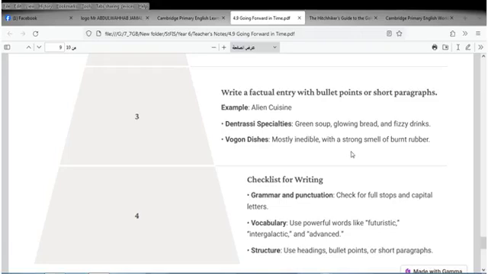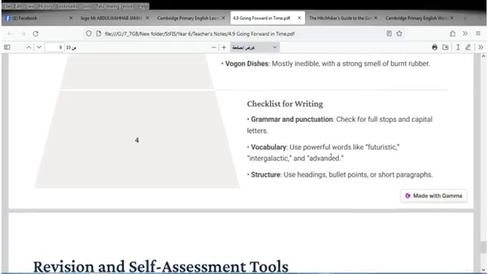Then you are going to write a factual entry with bullet points or short paragraphs about alien cuisine: the Dentrassis specialties, green soup, glowing bread, and fizzy drinks. Remember, this is science fiction, while vegan dishes are mostly inedible with a strong smell of burnt rubber.